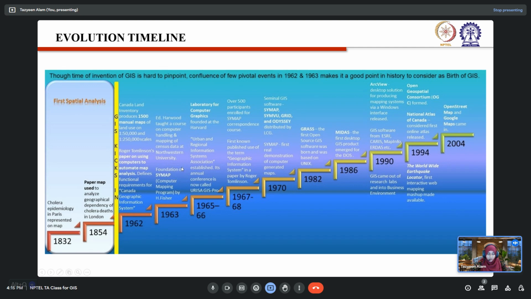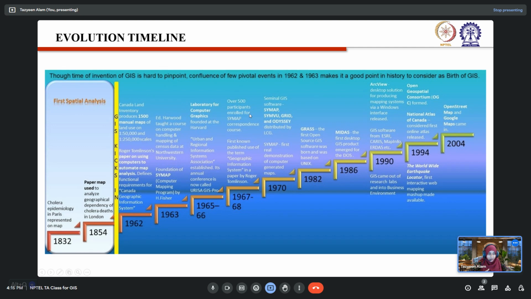Then it evolved into a course taught by Edward Harwood on computer handling and mapping of census data at Northwestern University. Then it further went to a laboratory for computer graphics. So now a graphical interface was also introduced, and he started studying the Urban and Regional Information Systems Association, which became an annual congress, now known as URISA GIS Pro.